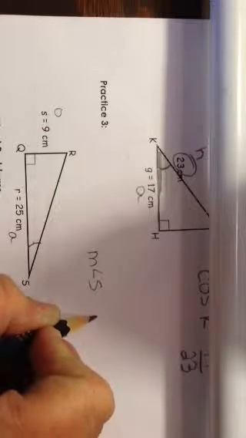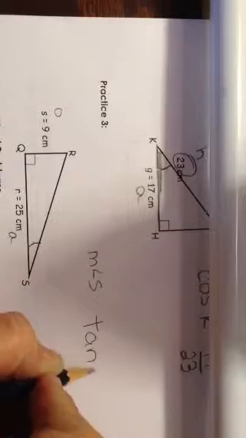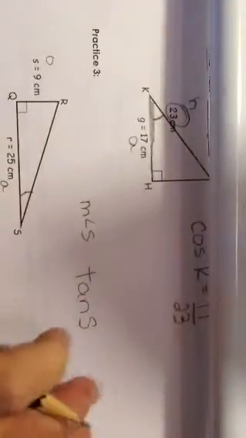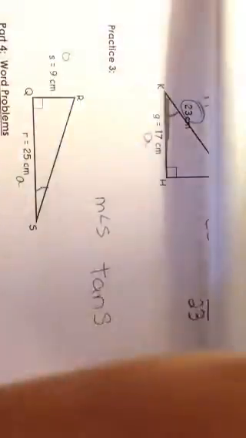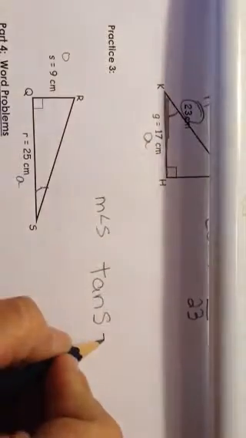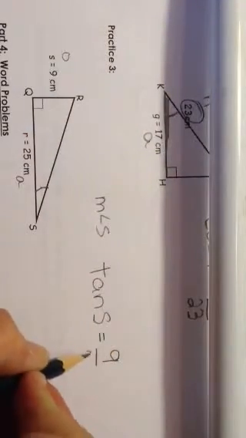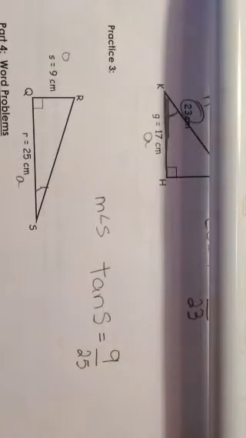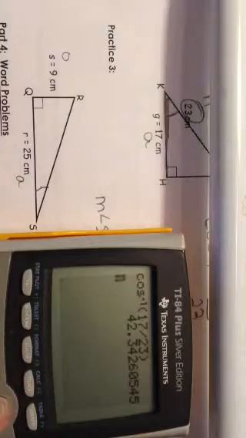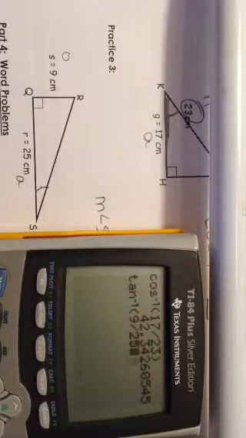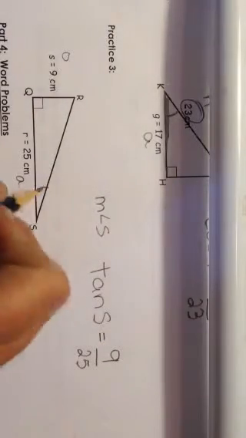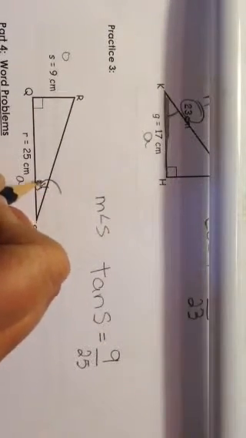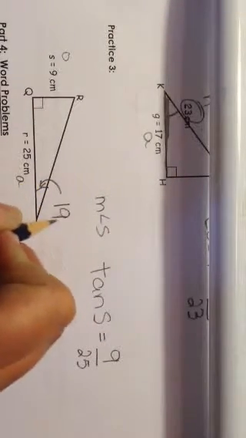So that's TOA. So tangent of S equals opposite 9 over adjacent 25. And second tangent, 9 divided by 25. This angle right here is 19.8.